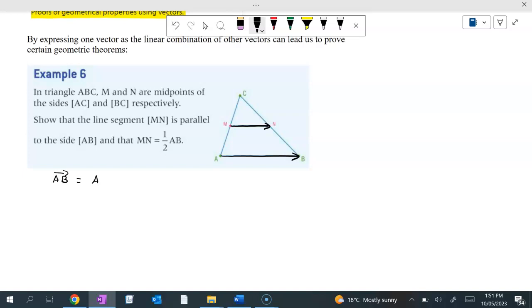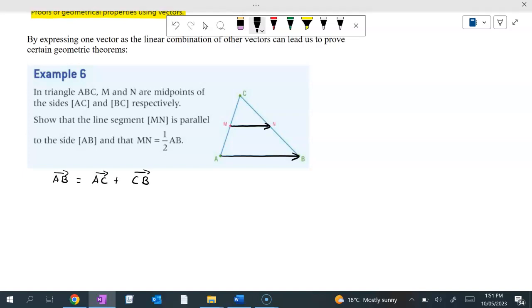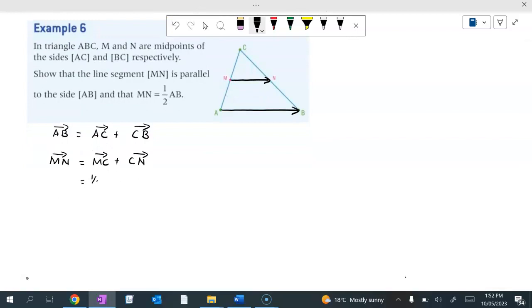Well, that's the sum of AC plus CB. If I look at MN, M is the midpoint of AC. So MN, well, we'll start with MC plus CN. And then MC is half of AC because M is the midpoint.